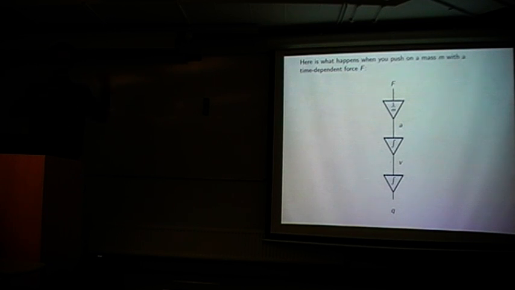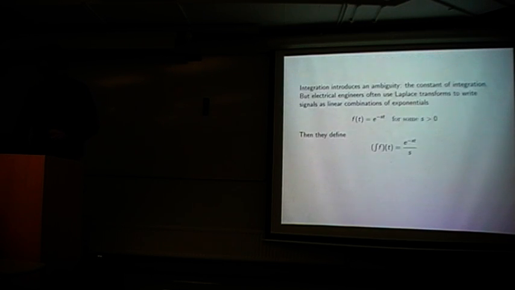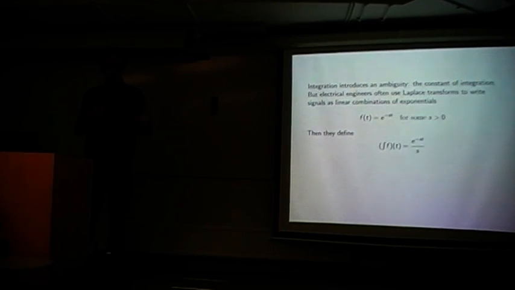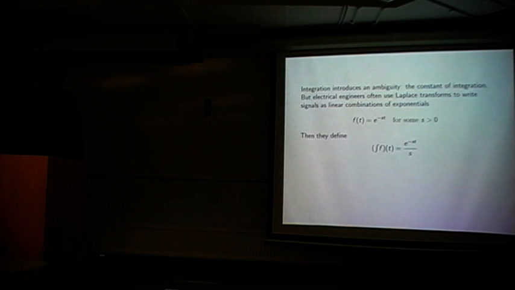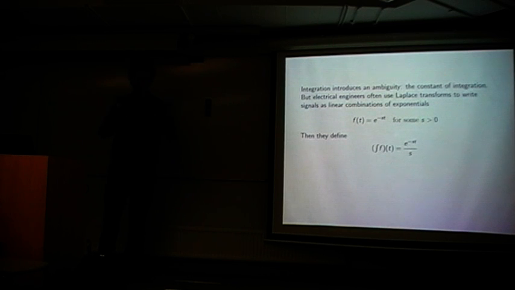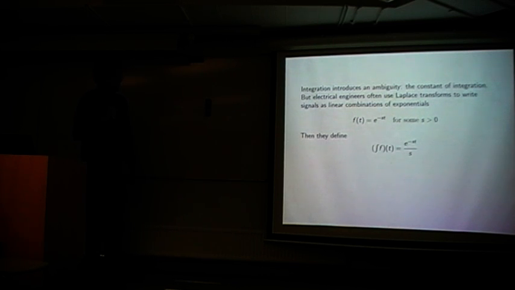And then when you have a whole bunch of things interacting in a more complicated way, we get much more complicated diagrams of this general sort. Now, integration introduces an ambiguity. There's a constant of integration. It's not really true that if you feed in a function and integrate it, there's a specific antiderivative necessarily. But electrical engineers who study linear systems often try to get around that issue in the following way.